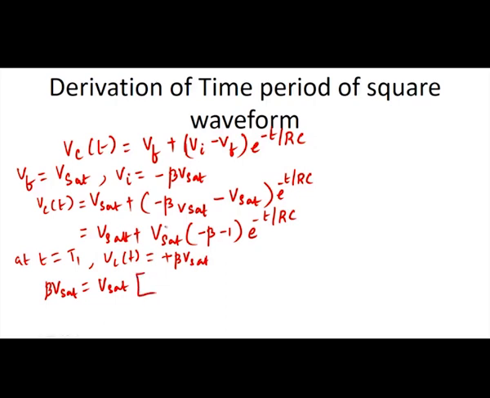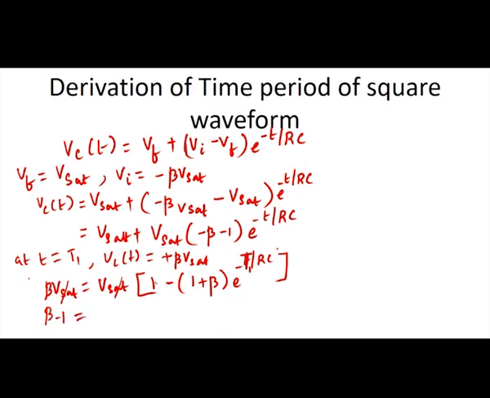If you take this V saturation out, and take the minus out, you have minus 1 plus beta e power minus t by RC, where instead of small t you put capital T1. Now this V saturation will get cancelled.